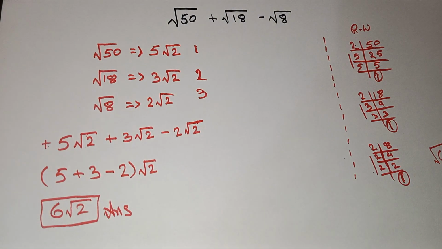So there are 3 terms, which means 1 term will be the answer. Then we will write our like terms, then we will add 5 plus 8 minus 2, and square root of 2 will be written in one place, giving 6 square root of 2. If one term is coming, it means that your answer is always correct.